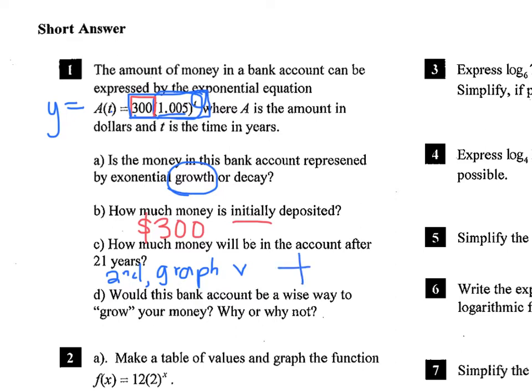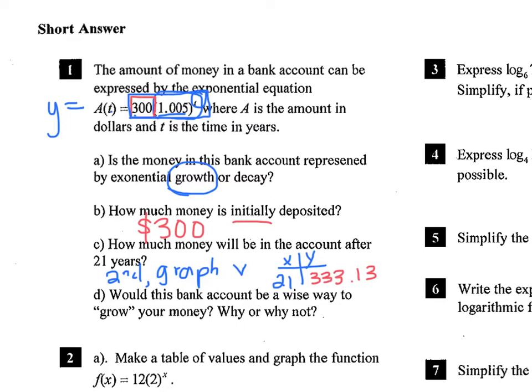Right next to that in the table, so here's the x column, here's the y. At 21 years, there's $333.13.